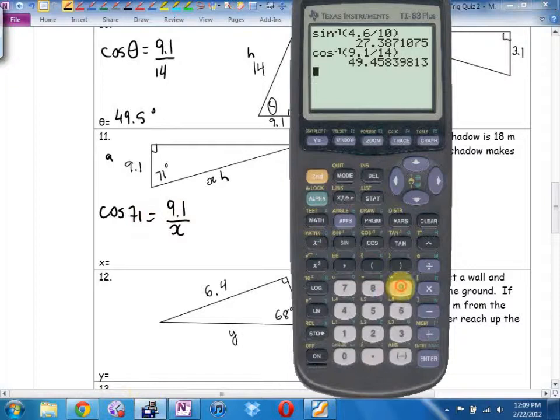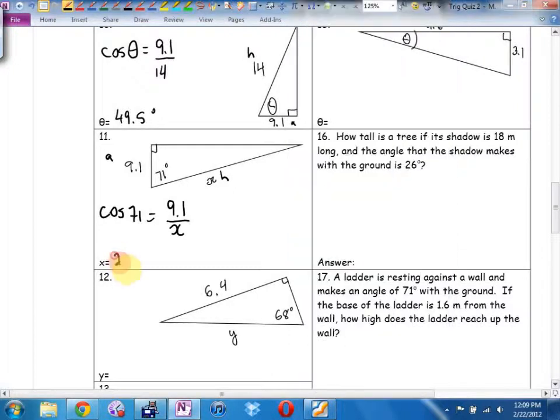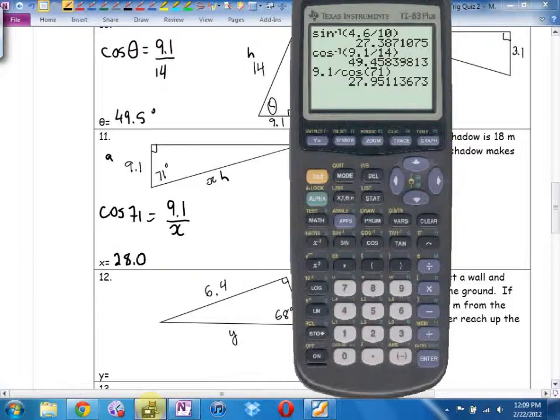It's going to end up being 9.1 divided by cos of 71. 27.9, I guess 28.0 if I go to 1 decimal place. I'll think bad thoughts about you and I'll say, oh, round off properly for Pete's sakes. I'll take the marks, but let's round off properly.